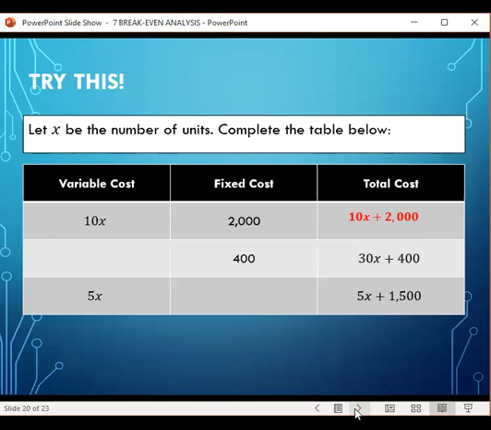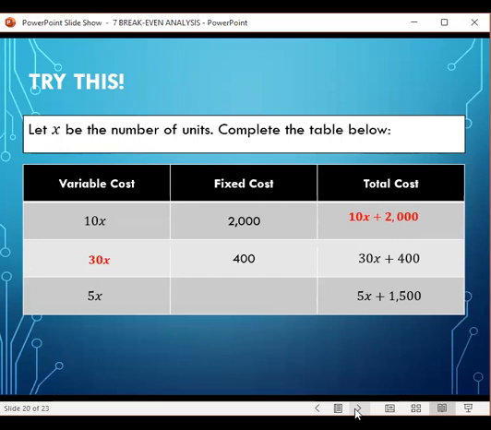How about for the next question? What do you think is the variable cost? Okay, very good. That is 30x.